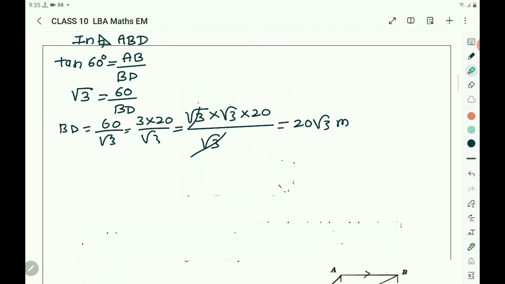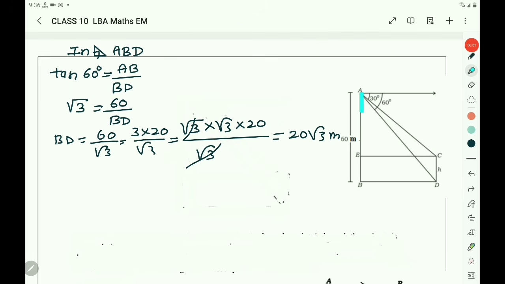Then you write in the right angle triangle AEC, you know, this is how much? 30 degree. Therefore, in right angle triangle AEC, this is the opposite side and this is the adjacent side.